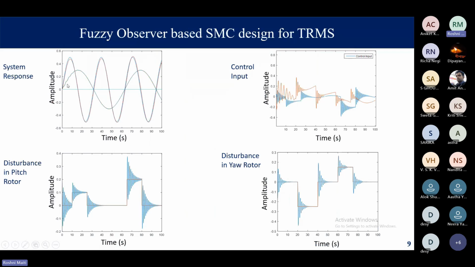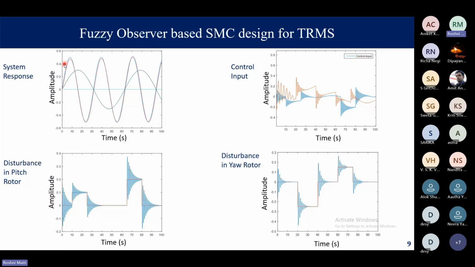Now for this, we have plotted two outputs of this system. This blue one is the desired and this red one is the output we are getting for the pitch, and the second result is for the yaw.